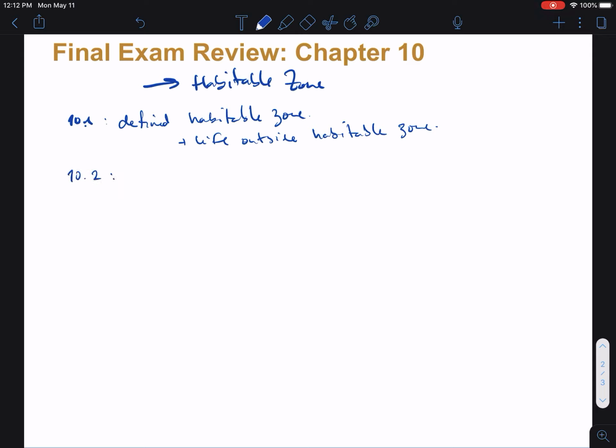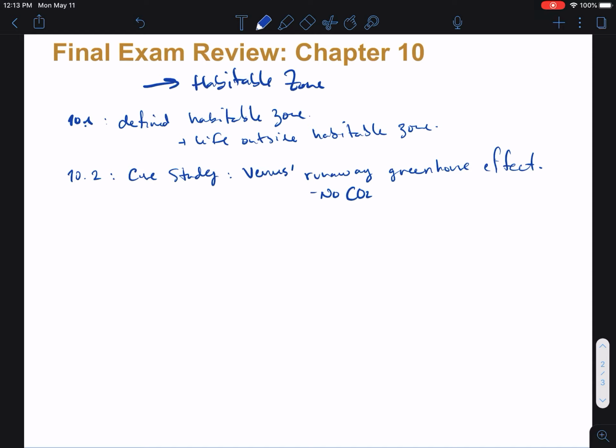We then focused in the next section on a case study. We looked at Venus's runaway greenhouse effect. So you should be familiar with this.